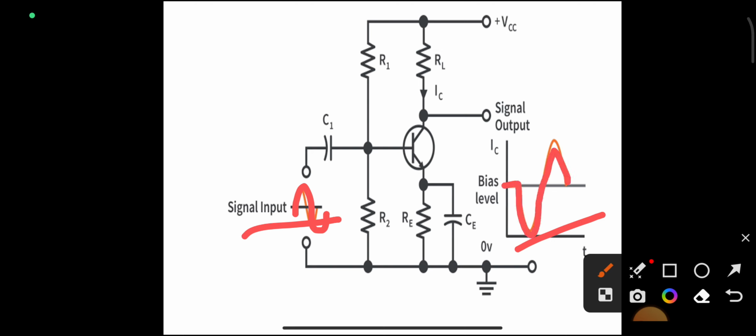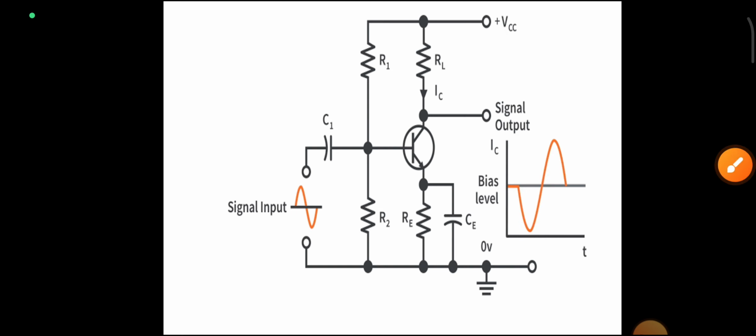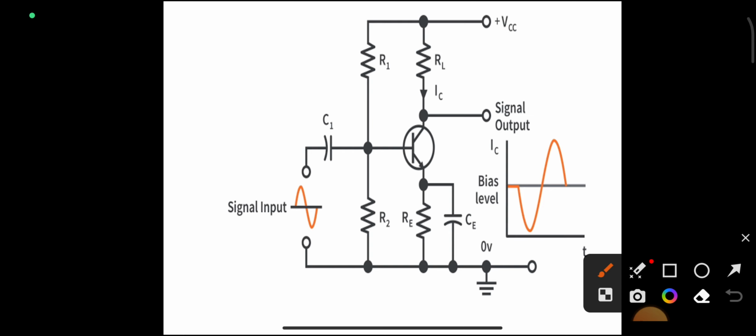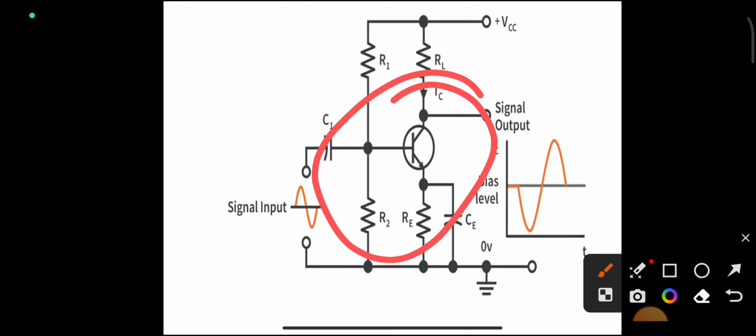So here the amplitude is increased. Comparing input signal and output signal, the output signal has more amplitude than the input signal. So this circuit increases the amplitude of the input signal, and it is called the amplifier. The process of conversion of a weak signal into a strong signal is called amplification.